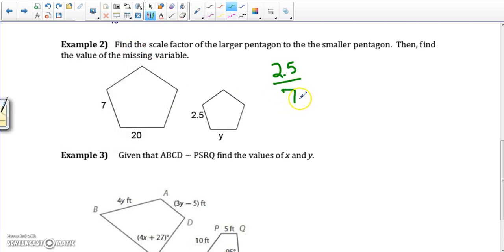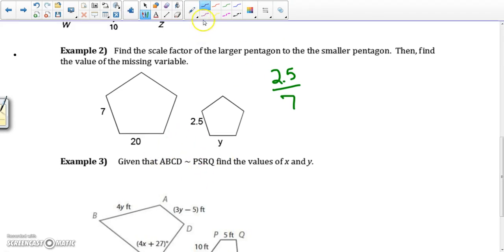So to find the value of the missing variable, we have two ways to do this now. We can actually just multiply the scale factor by the side. Why aren't you writing? There we go. Alright, let me pause here.